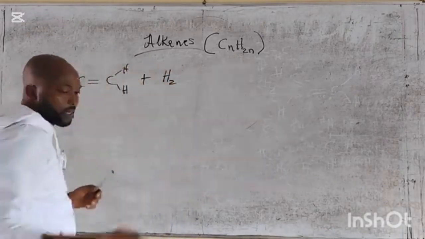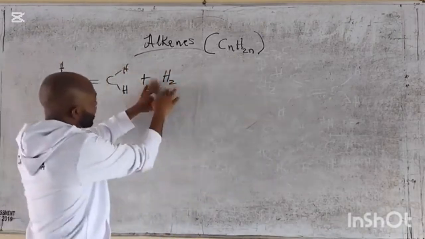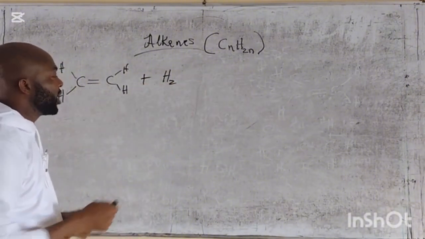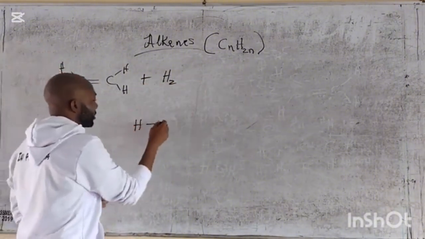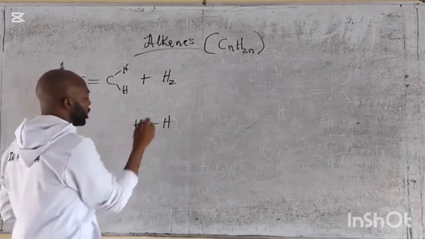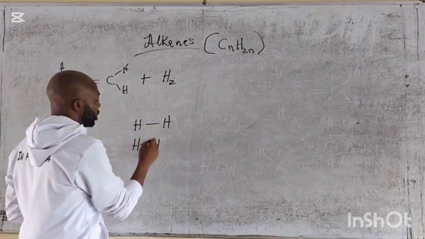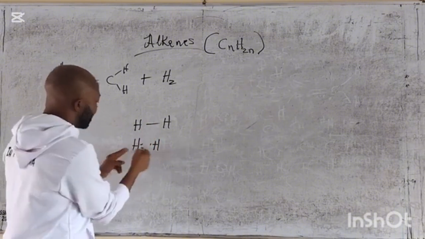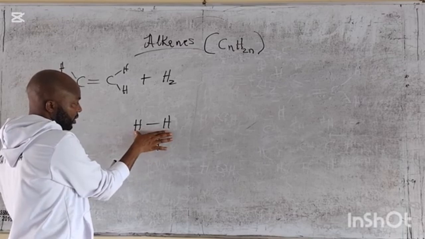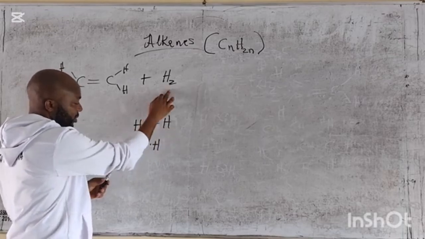Now, let me expatiate on this hydrogen. This hydrogen molecule can still be written as hydrogen dot and hydrogen dot. This and this come together through a bonding process to give us this, and this is the same thing as this.